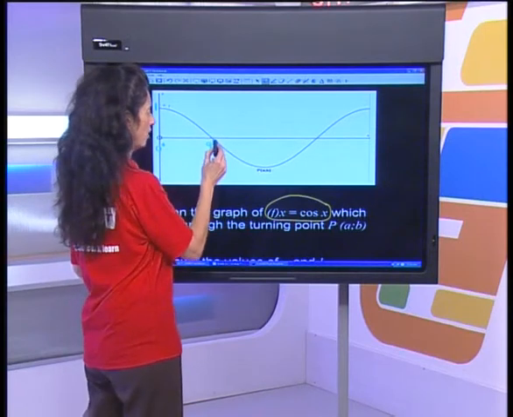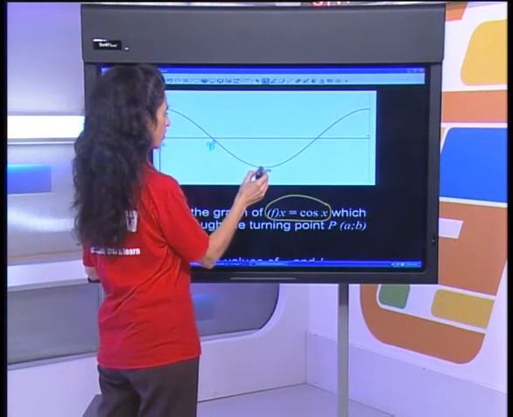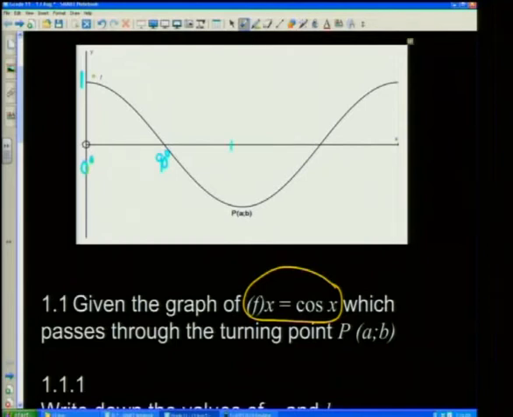Your cos graph continues to decrease until it reaches this value here, which would be found at 180 degrees, and that would be its minimum value of -1. And then so it was decreasing until then, and now it picks up, it increases all the way to 270 degrees, and we then end off at a maximum of 360 degrees.